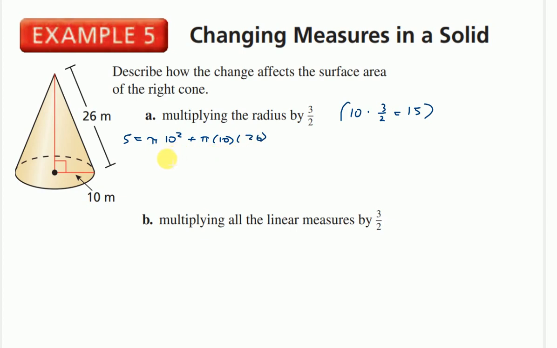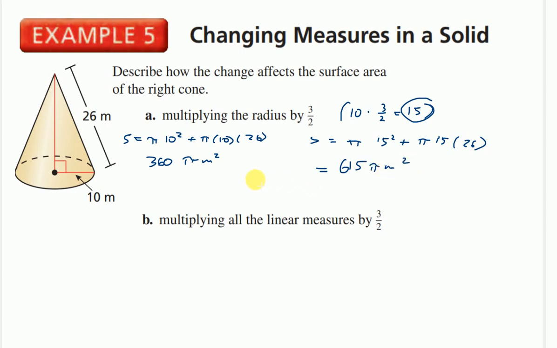Okay, and that gives me 360 pi meters squared. The new surface area using 15 would be pi times 15 squared plus pi times 15 times 26. And that would give me a surface area of 615 pi meters squared.